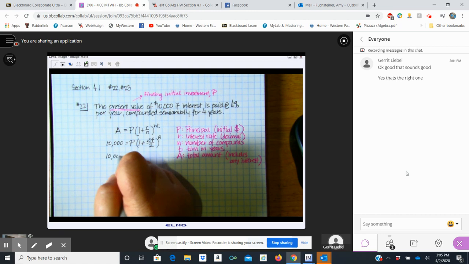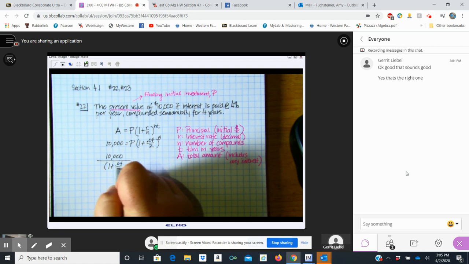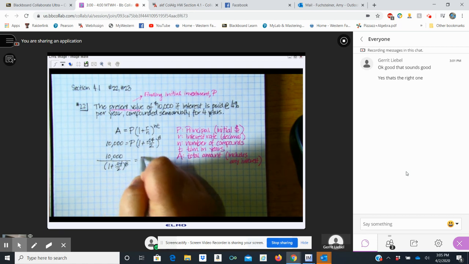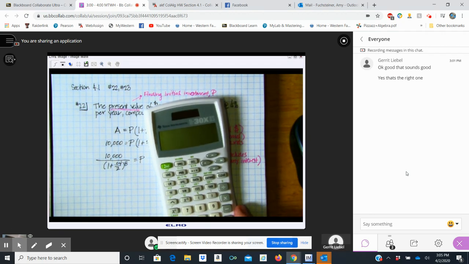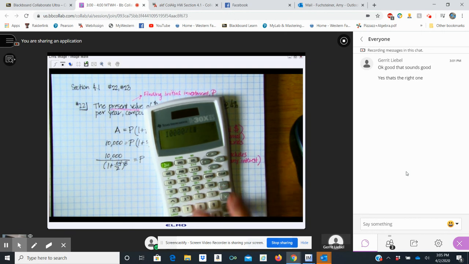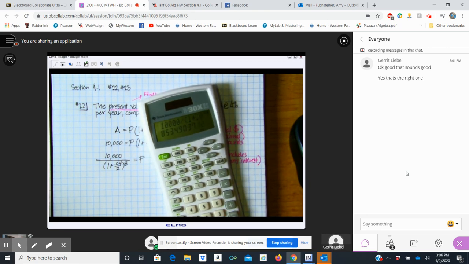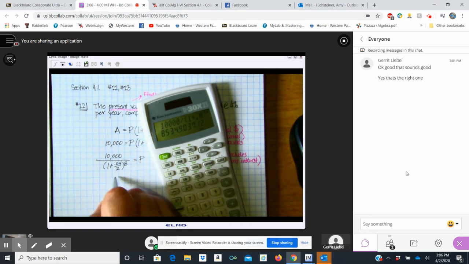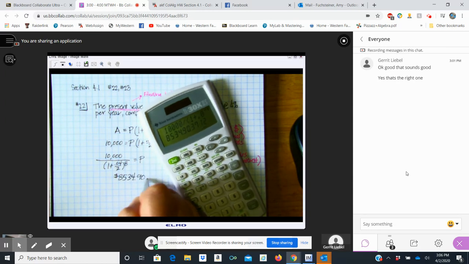I like to just do this as 10,000 divided by 1 plus 0.04 divided by 2 to the 8th and set that equal to P. So I just use my calculator and type that all in, to get $8,534.90.